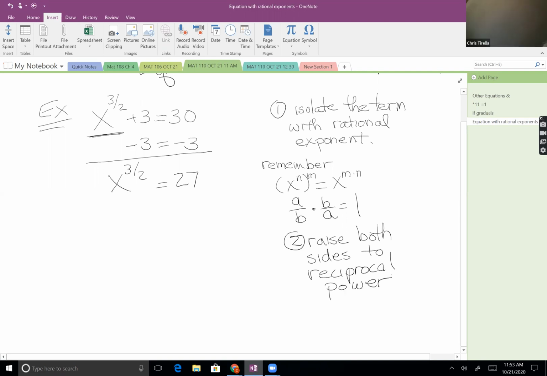And I want to say that when you first do this, I agree with you, it looks a little ugly, but magic stuff happens. When I take that x to the 3/2, the reciprocal of 3/2 is 2/3. And on the other side, I get 27 to the 2/3.